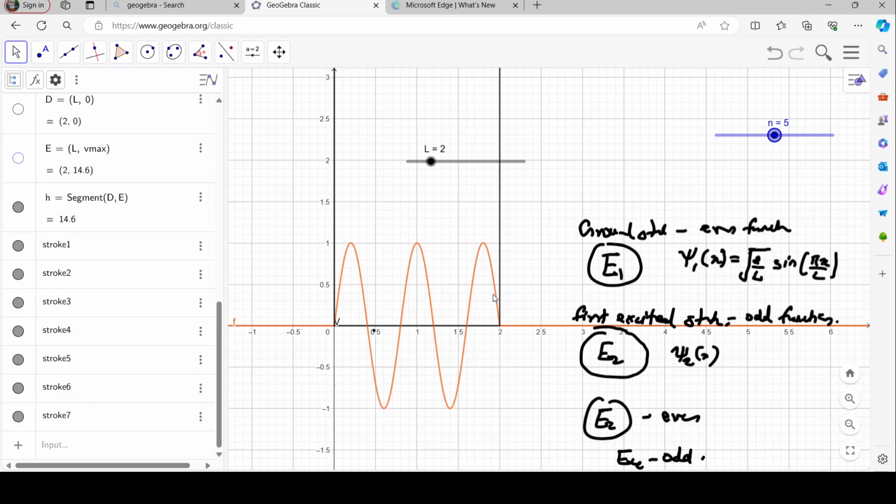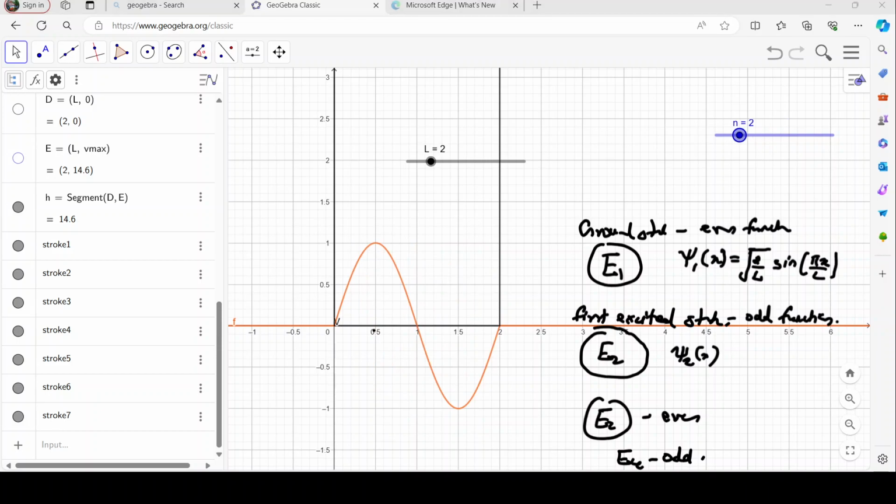So in the ground state, there is no zero wave function point inside, and for the first excited state, when n becomes 2, we get 1 point. So for n equal to 2, we get 1 zero point, and for n equal to 3, we are getting 2 zero points, and so on.